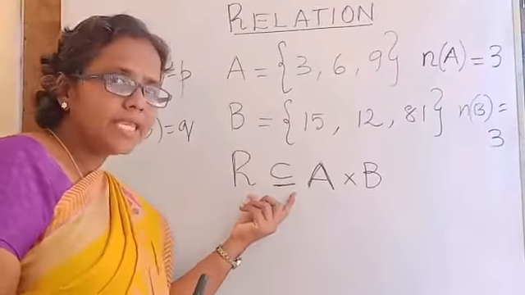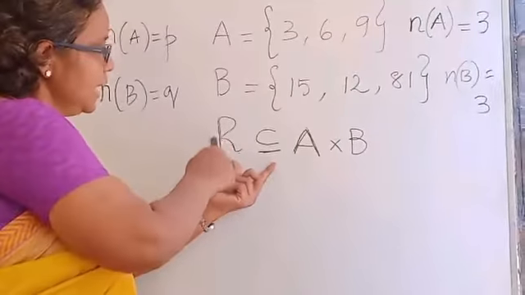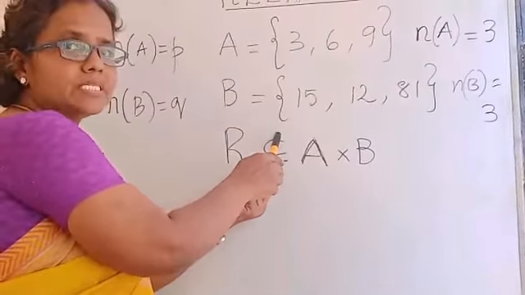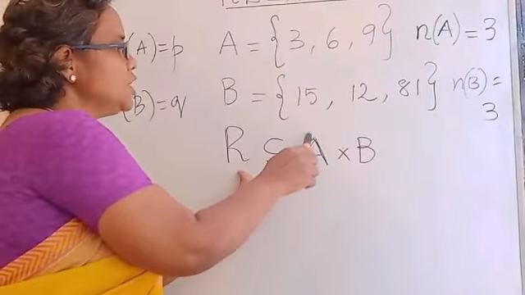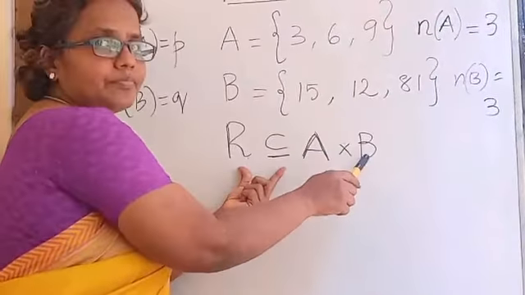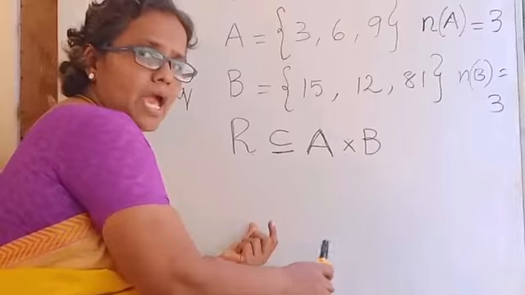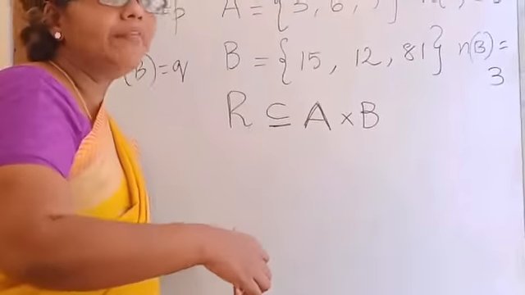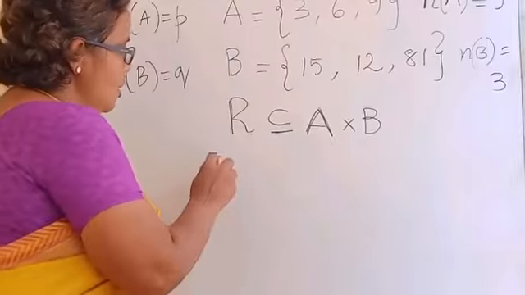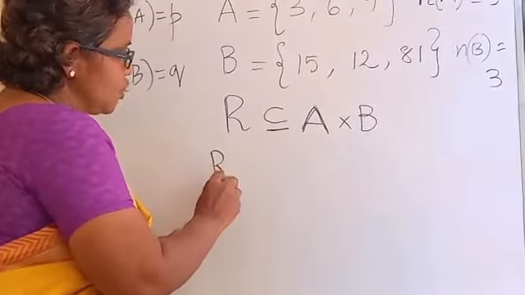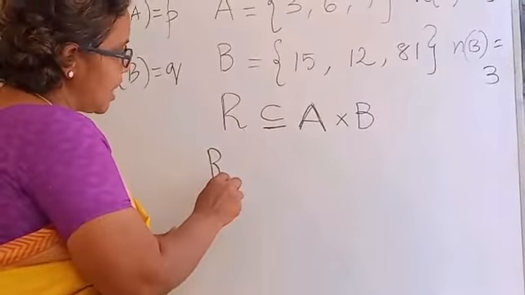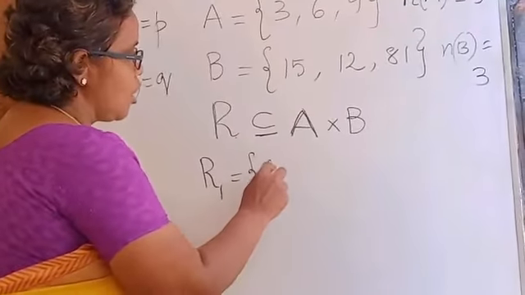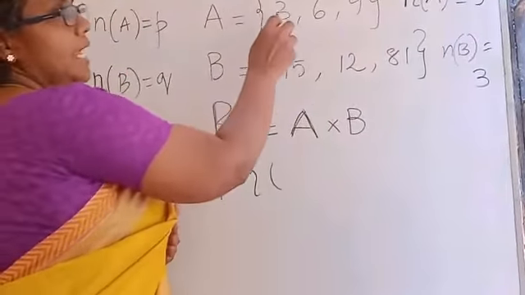Now, just look at this formula. A relation can also be a subset of the Cartesian product of A cross B. So, A cross B, I showed you 9 elements being present. Now, I am going to show you another relation. Since it is another relation, R1 can consist of ordered pairs like this.